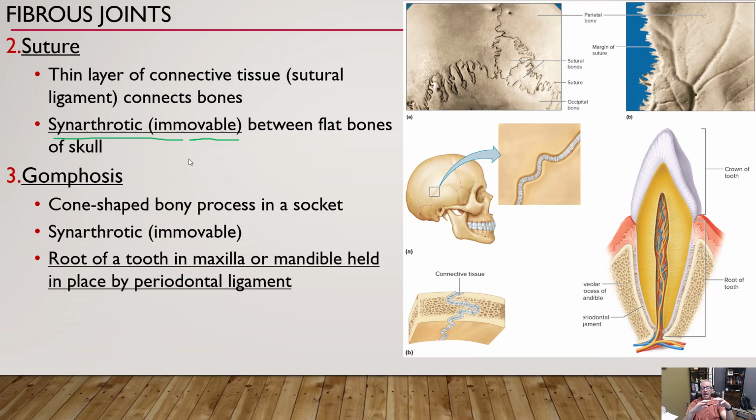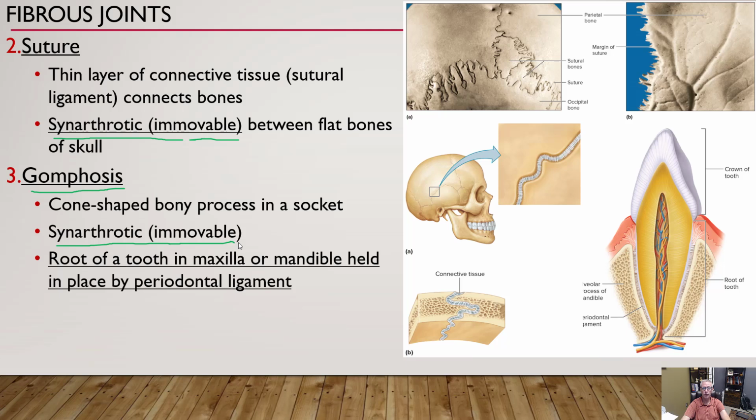And then as baby matures a little bit, and those fontanelles close up, and once baby's head is grown, then those suture joints close up and they kind of solidify, and then they become synarthrotic joints because now they are immovable joints.